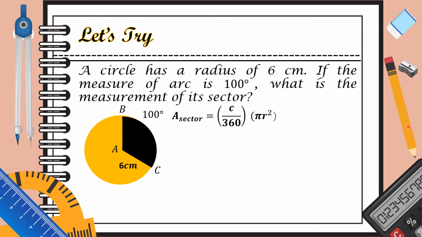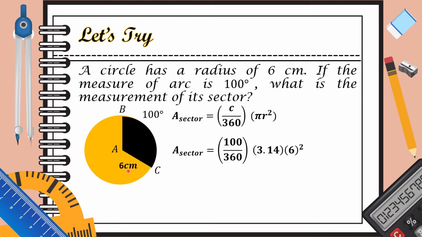So, you will use the formula. The area of the sector is equal to C, the measurement of the arc, divided by 360 times pi r squared. So, yung measurement ng arc natin is 100 divided by 360. Yung ating pi is equal to 3.14.